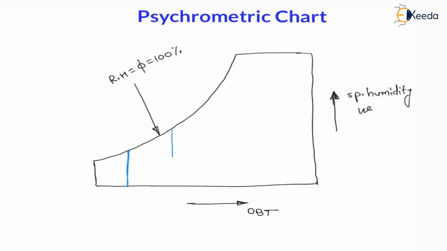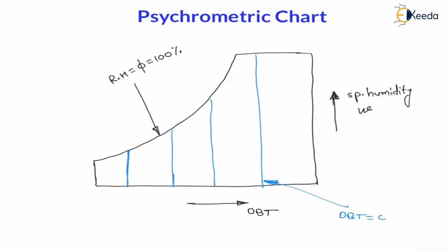Again with uniform spacing, this is one more vertical line, and one more, right? These vertical lines are called dry bulb temperature lines. Means on these vertical lines the dry bulb temperature is constant. At any point, here or here or here, on this line the dry bulb temperature is the same, right?